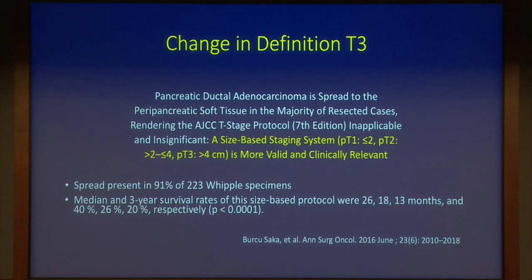First of all, it's actually present, if you look carefully, in 91% of Whipple specimens. So how could that possibly be a distinguishing feature of meaning? And second, if you go by size instead, this new 4 centimeter, they did find some meaningful survival differences that seem to make sense, depending on the less than 2, 2 to 4, and greater than 4. So this is the new world.